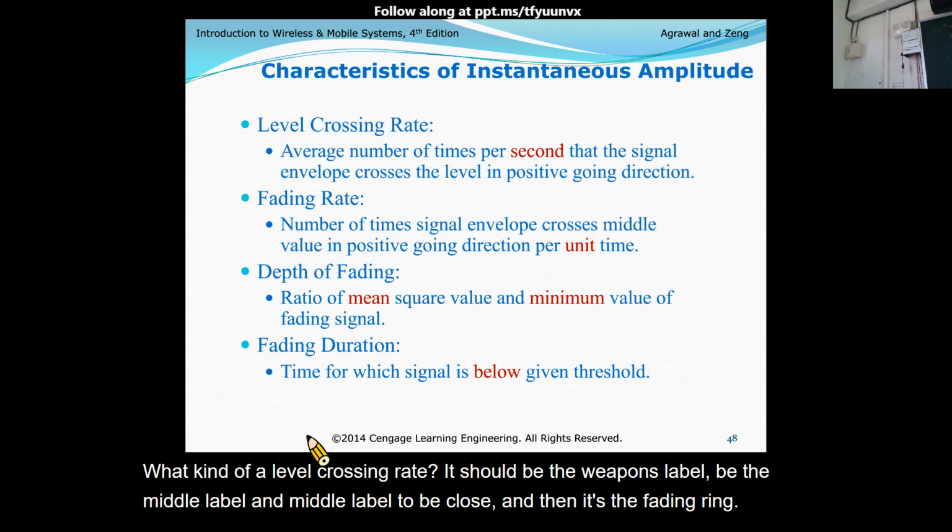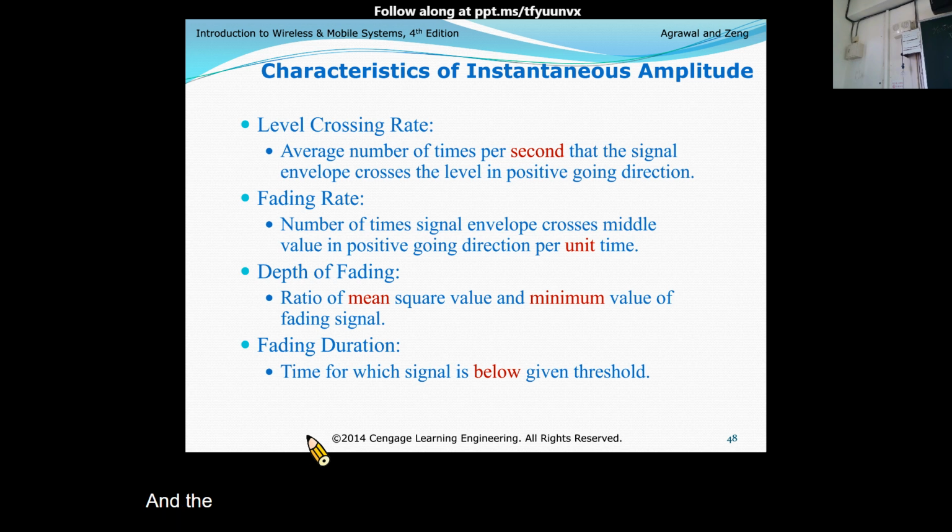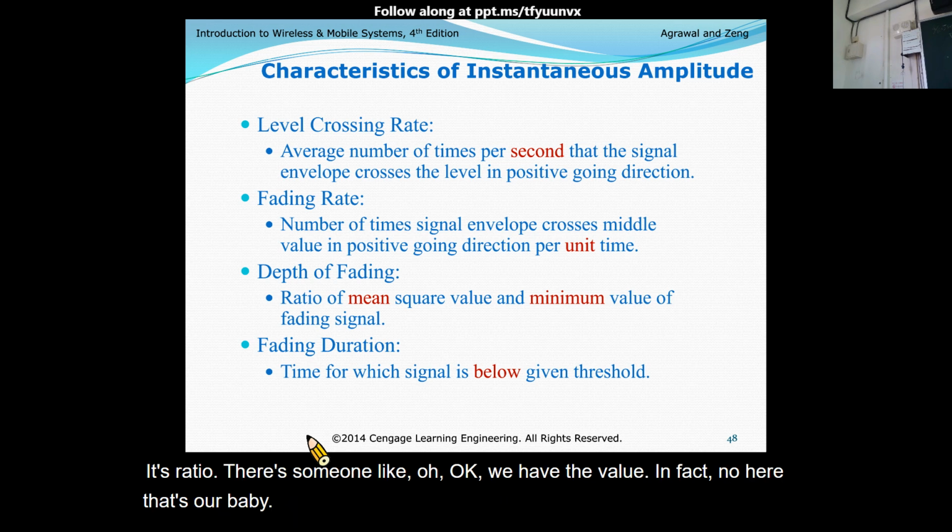And the depth of fading is a ratio. In fact, here the depth of fading is the ratio of the mean square value and the minimum value of the fading signal.